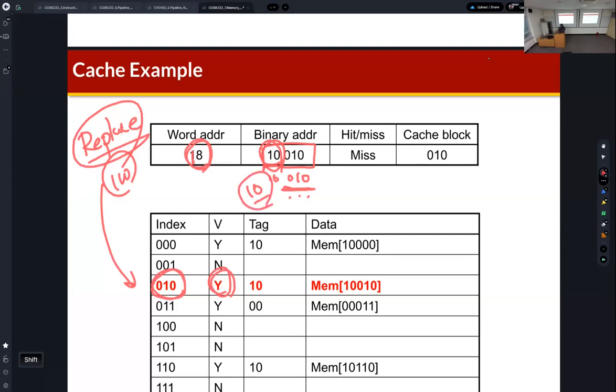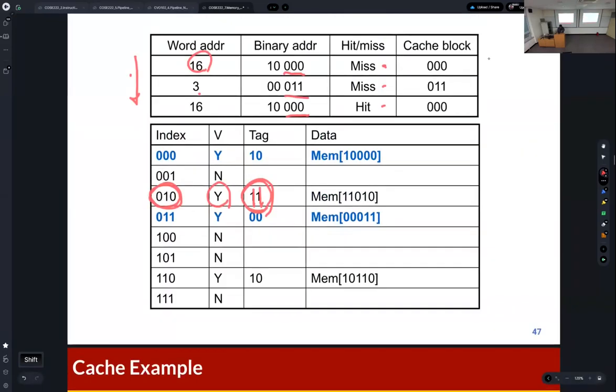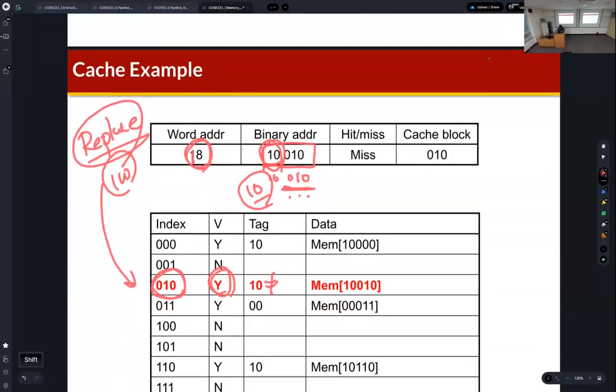So what's the problem? Even though the cache index is the same, and the target cache entry has valid data, the tag is different. In the cache, the tag is 11, but the tag of the request data is 10. It's different.